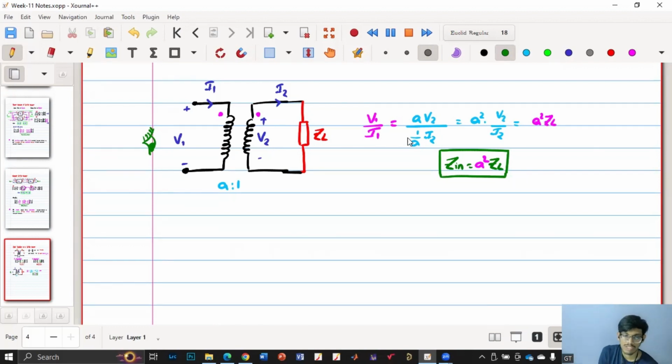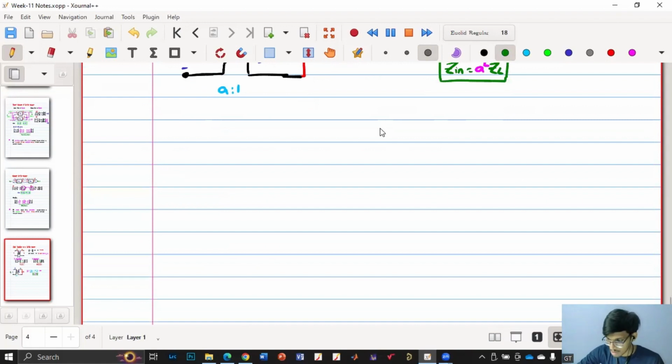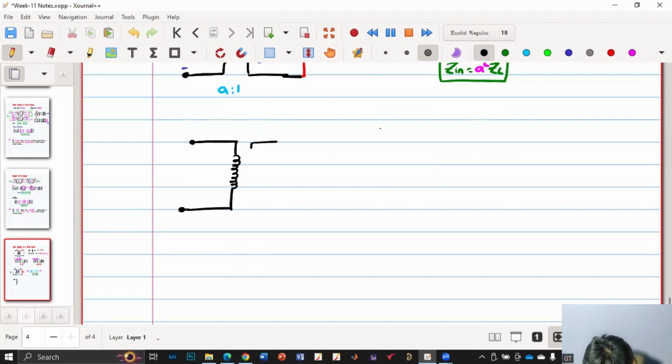So now I'll ask you another question. What if there are two transformers connected in cascaded form, and then we have an impedance at the output side? What is the impedance looked at from the input side? Okay. So we have something like this. And here we have another transformer.